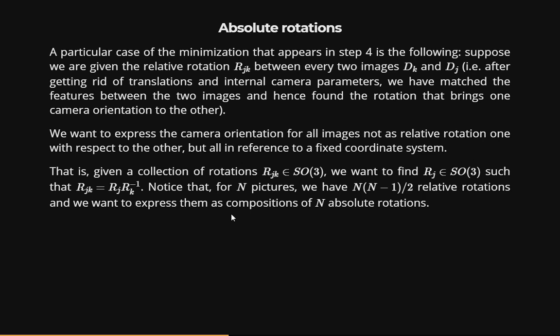So, given a collection of rotations R_jk, you want to find R_j such that R_jk is R_j times R_k^(-1). So if you want to go from the kth image to the jth image, you go from the kth image to the reference one, and then from the reference one to the jth image. In this way, you're writing your n times (n minus 1) halves relative rotations in terms of only n rotations. And this is more or less the core of the fourth step of the algorithm.